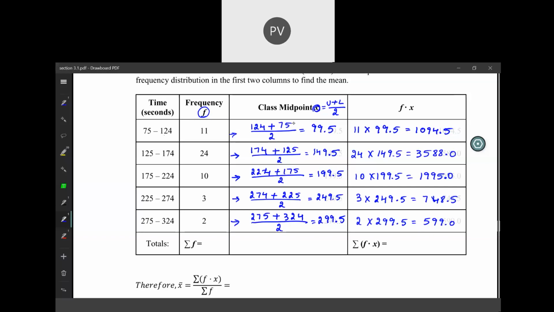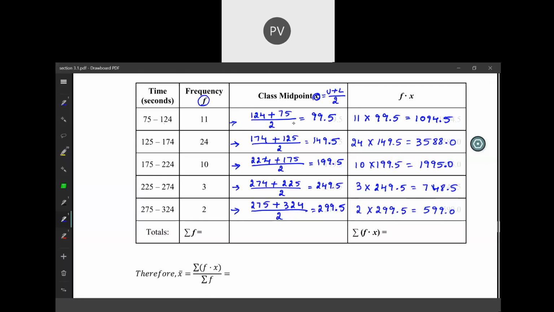Now, once you have computed the class midpoint and the product of frequency and midpoint, your second final step will be to add all these values in the last column. So add 1094.5 plus 3588 plus the rest.